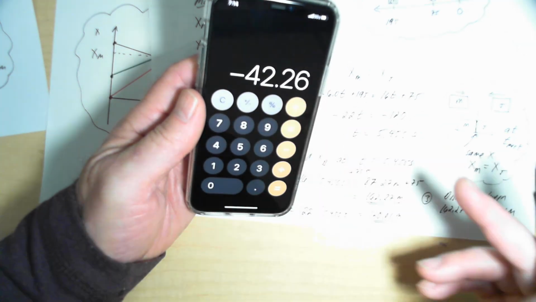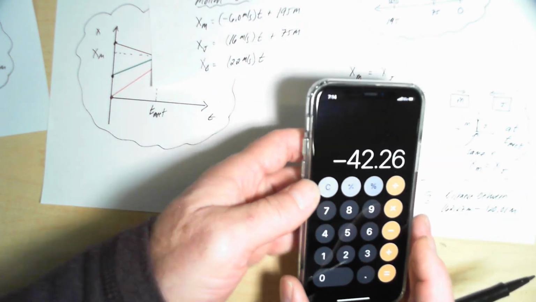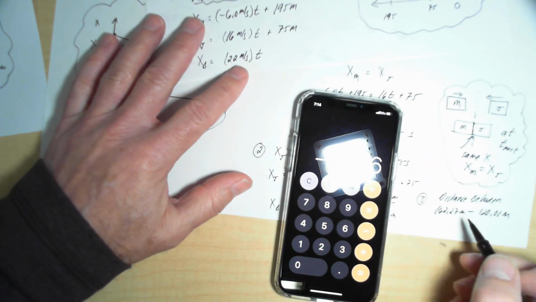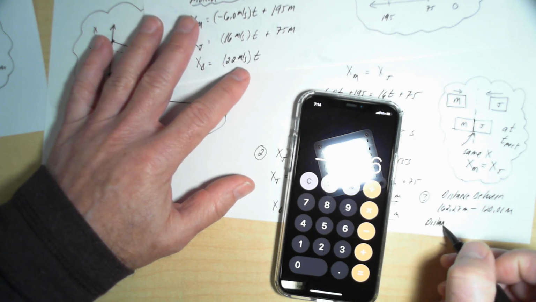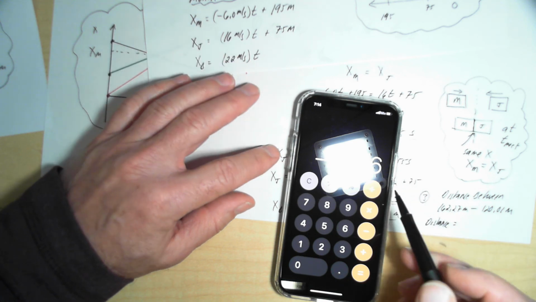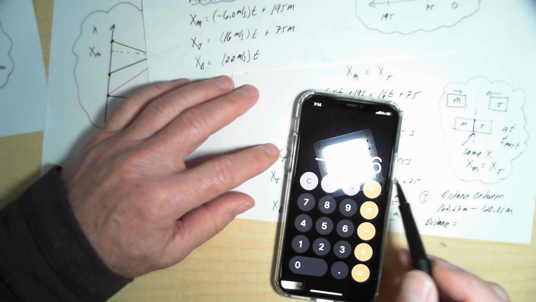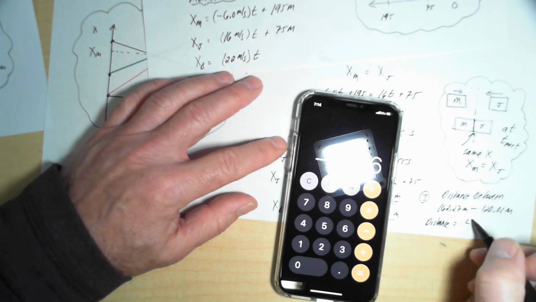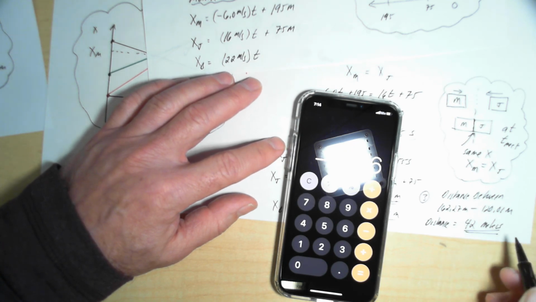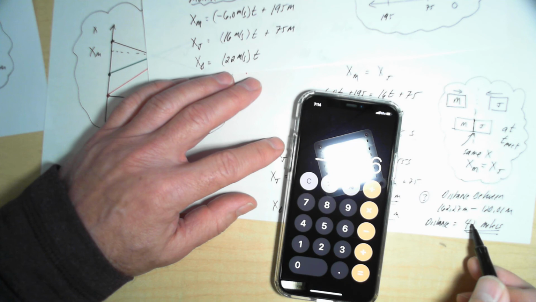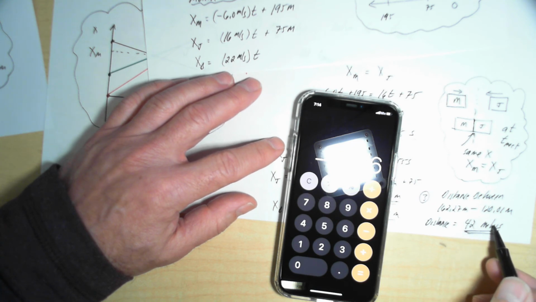I know it's going to be negative, but the absolute value of that is the distance. So, all right, now what do we trim? The distance between equals, let's round that off to 2 sig figs, so 42 meters. So the bus, fortunately, I think they're going to be far enough away where they won't see the carnage, but not sure about that.